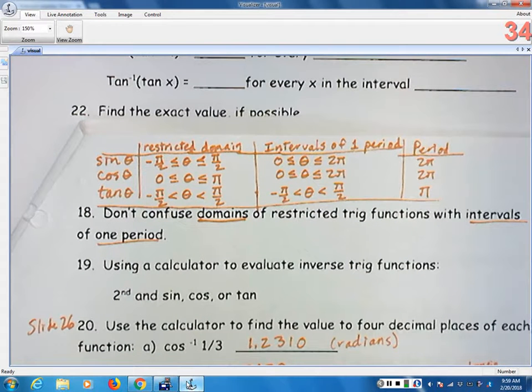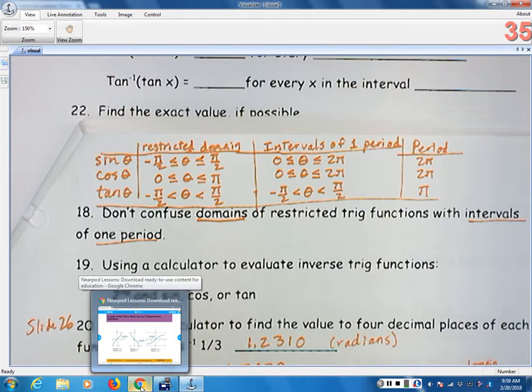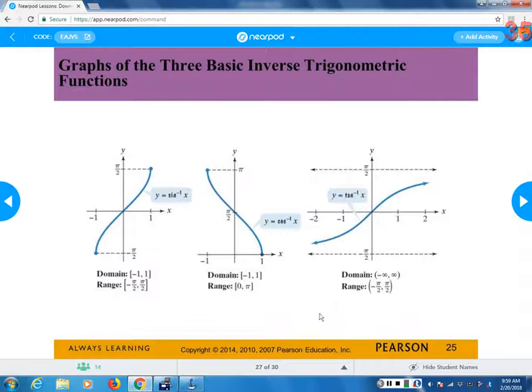That's basically, if you memorize that, you're going to do well with the inverse trig functions. So then we're going to use a calculator to find those. So that was that picture.